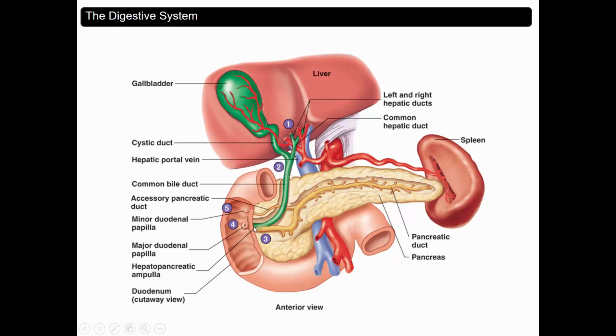So the sphincter is typically closed until you have a meal and food starts passing through this digestive pathway. Then you'll release something that Dr. Tucci will talk about called cholecystokinin, and it'll relax that muscle so bile and pancreatic juices can dump into the small intestine.